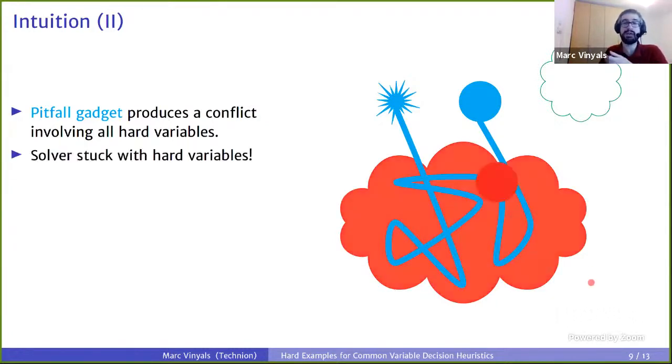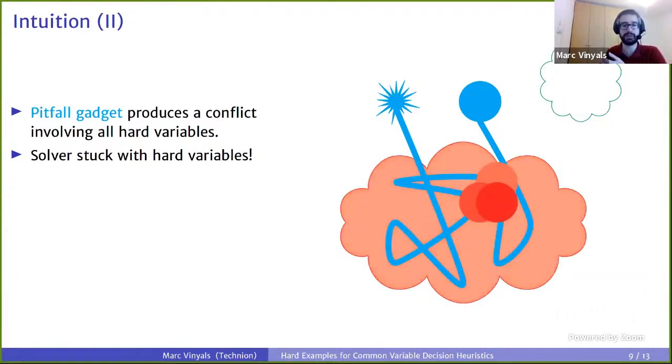And now the next conflict will necessarily have to involve variables from the hard part because the score is positive. The next conflict also will have to do that, and so will the next conflict. And of course, there might be some variables that are elsewhere in the formula, but since their score is still zero, the solver is now stuck here.